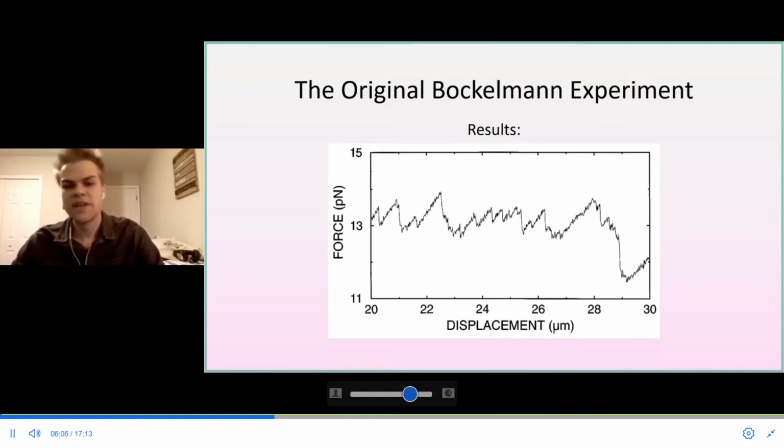And secondly, Bockelmann et al. noticed what they called a sawtooth pattern. So that's characterized by a gradually rising force followed by a dramatically dropping force. Gradually rising, dramatically dropping, gradually rising, dramatically dropping. So that indicates stick-slip motion because there are two alternating periods of behavior. First, not a lot of links are opening up, not a lot of separation is happening.